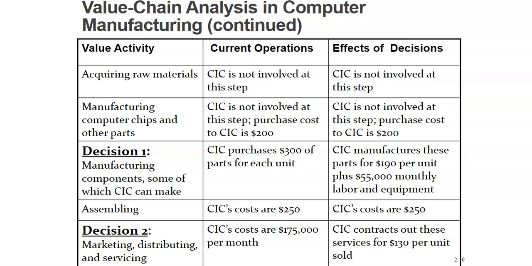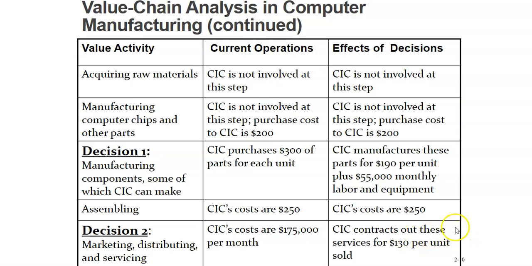Right now, we're looking at, we have a purchase cost of $200 for our computer chips. We're looking at either manufacturing these components or purchasing the parts for each unit. We have assembly costs and information, and then we also have our marketing, distribution, and service information.